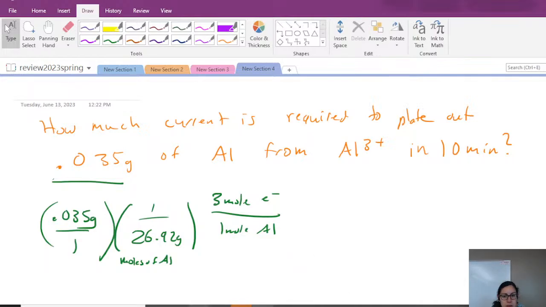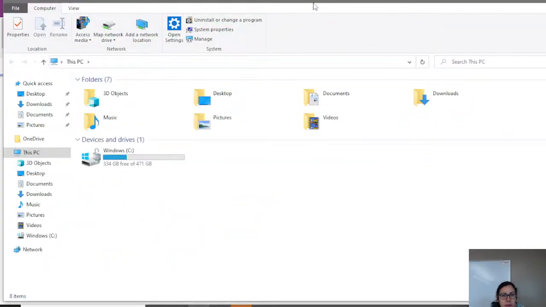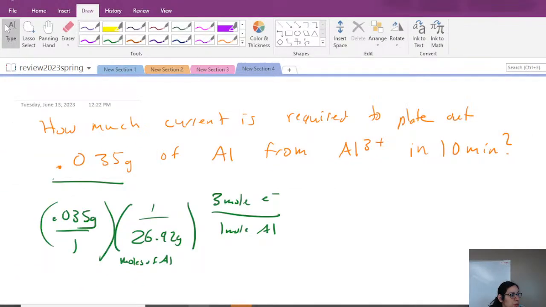And so what happens once we have moles of electrons? What could we convert that to? Yep, and then how do we do that?